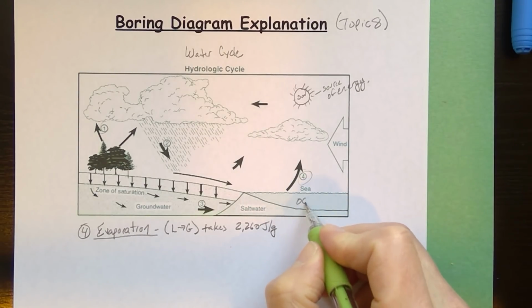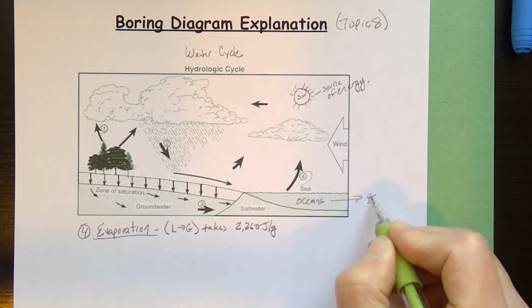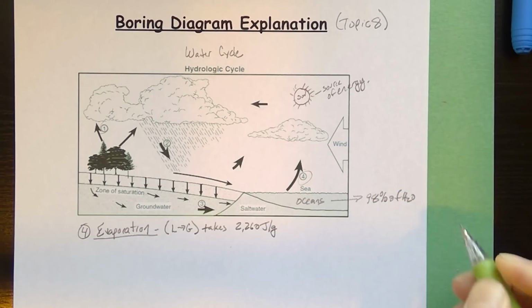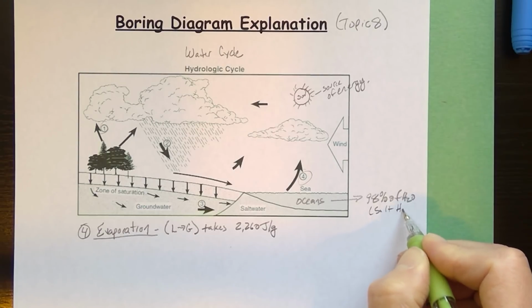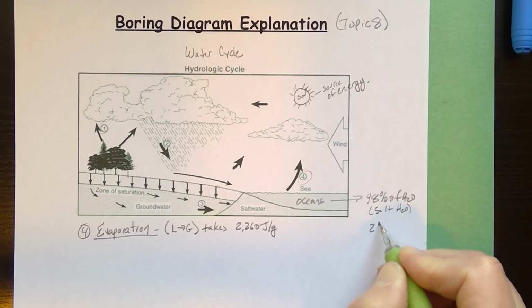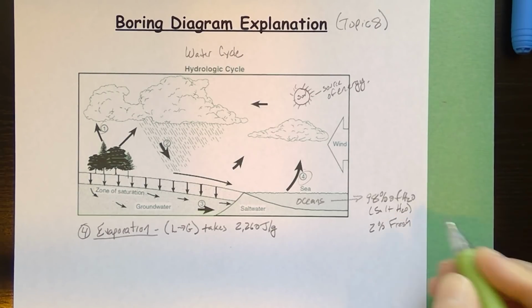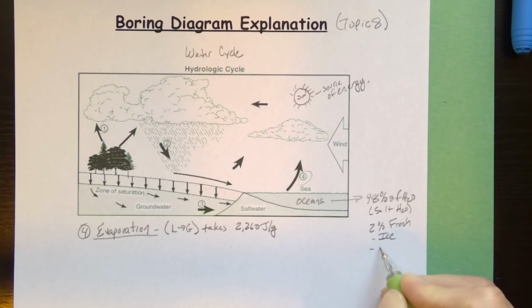Okay, when we look at the oceans, the oceans account for something like 98% of the water on the planet, and that's salt water. That only leaves us with about 2% fresh water, and that fresh water is found mostly as ice, but it's also found as groundwater.